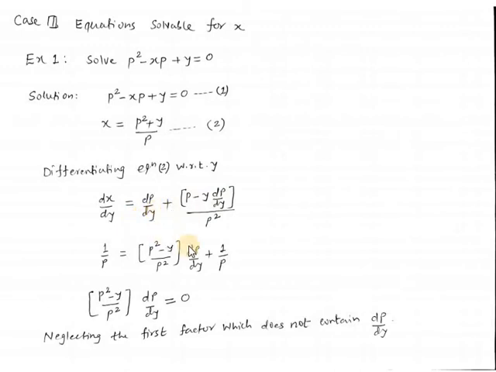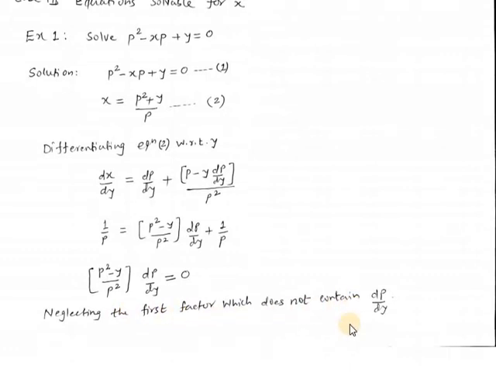So dp by dy is common, so it will be (p square minus y) divided by p square plus 1 by p. So 1 by p and 1 by p cancel out. So here it will be (p square minus y) divided by p square into dp by dy is equal to 0. Now neglecting the first factor, which does not contain dp by dy.